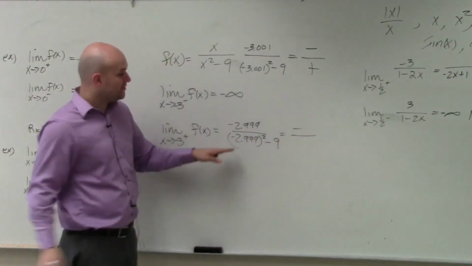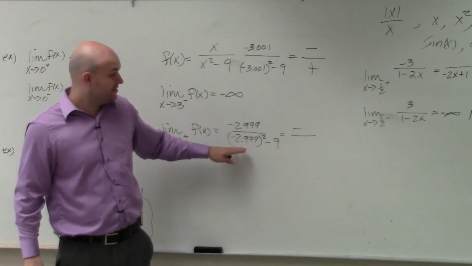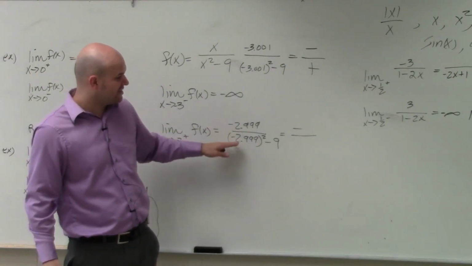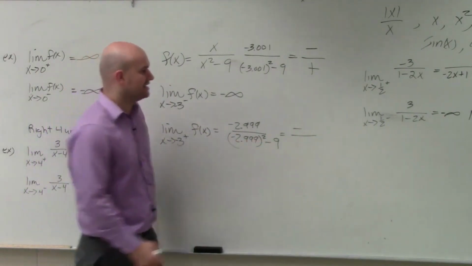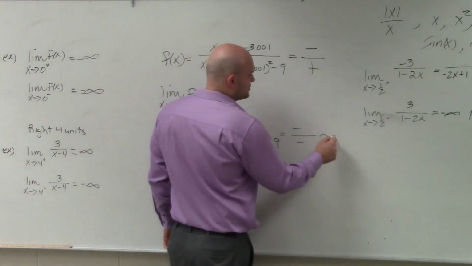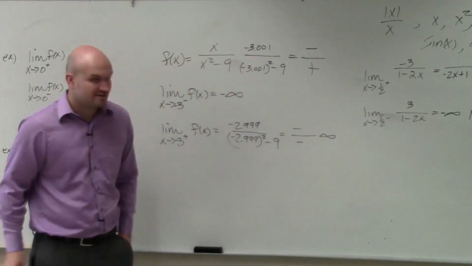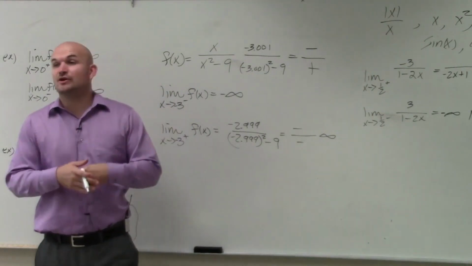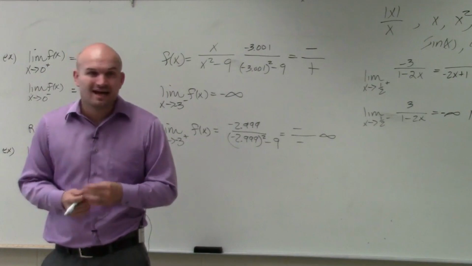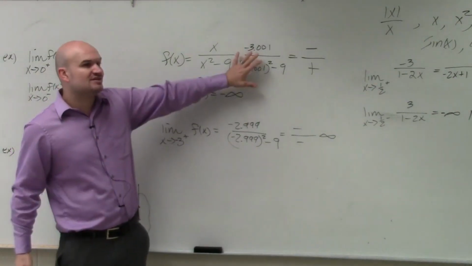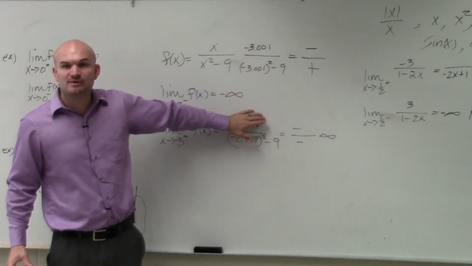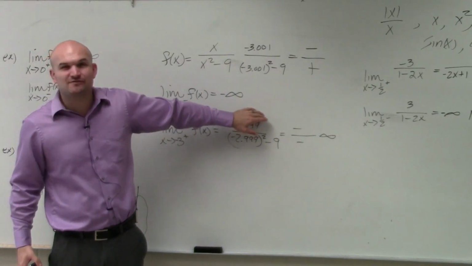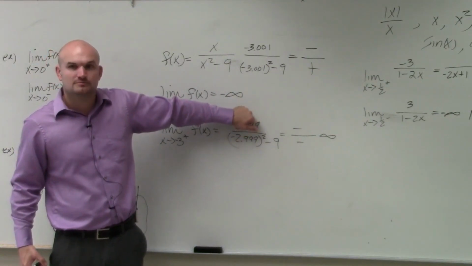In our denominator, we have a number smaller than negative 3 squared, minus 9 is going to give us a negative, which will tell us it's going to go to positive infinity. So therefore, without even knowing what the graph looks like, or with the table, I can just pick values and use their signs to help me determine what the left and right-hand behavior is going to be of those limits.